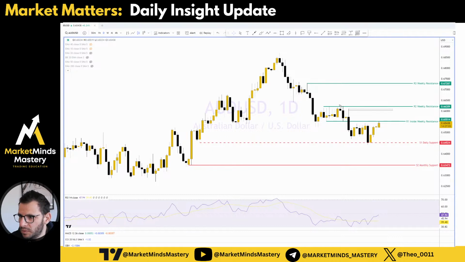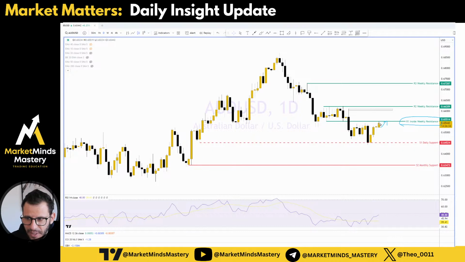So on the daily chart, guys, price started moving upwards during the Asian session, continue, of course. It started from Sydney session, continued to the Asian session. And here it's an inside weekly resistance.